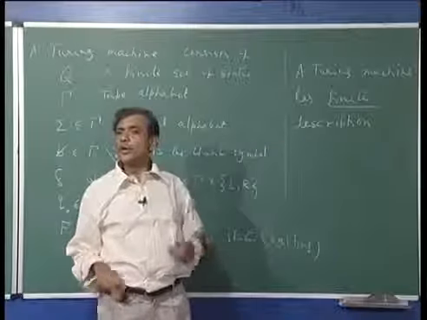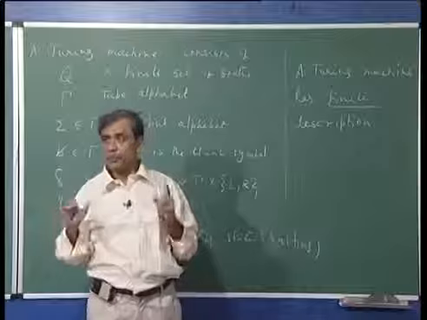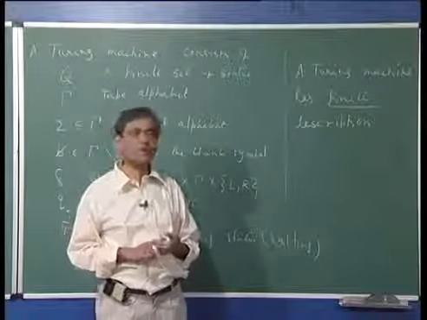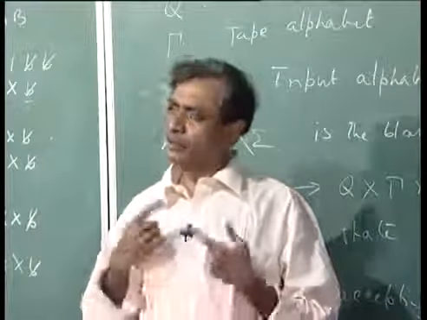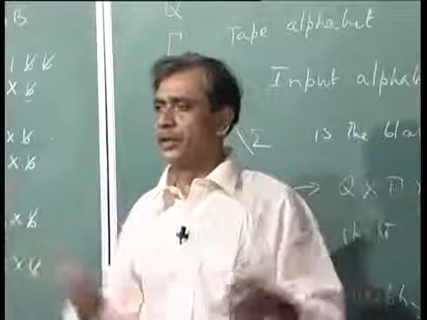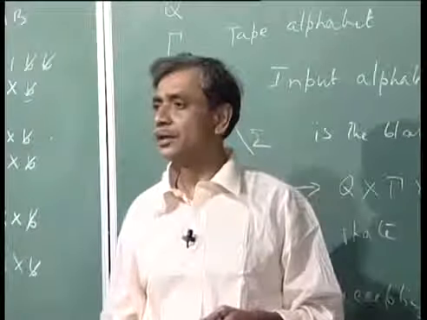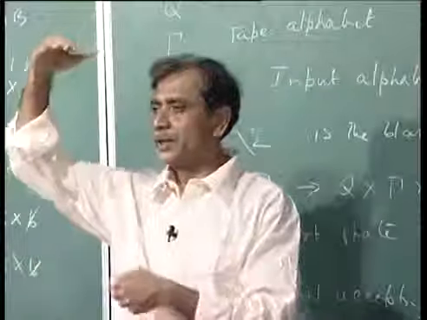Why? Because our overall motivation is to capture the intuitive notion of an algorithm by Turing machines. Now, there can of course be infinitely many algorithms, there can be infinitely many Turing machines, that is fine, but an algorithm is a finite object, is it not?